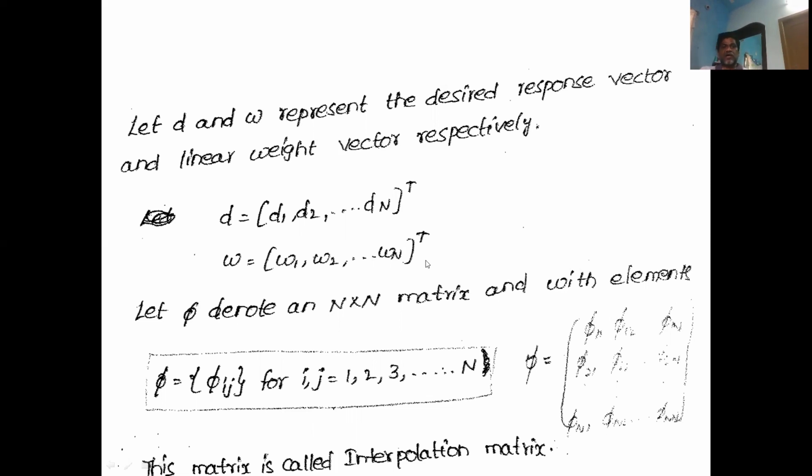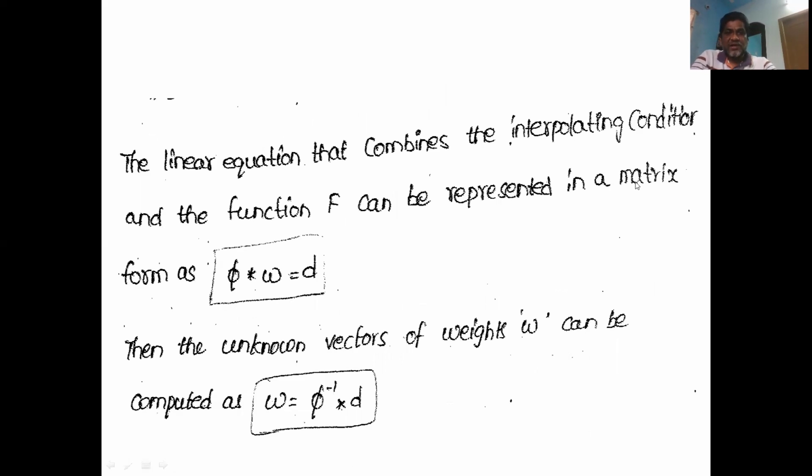Okay, so now we have two column vectors D and W, and an interpolation matrix of size n by n, where there are n elements in each row and column. Now let us understand how we can represent the relationship between the interpolation condition and the function f.